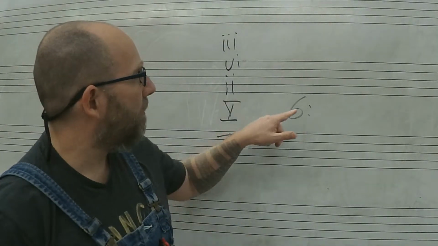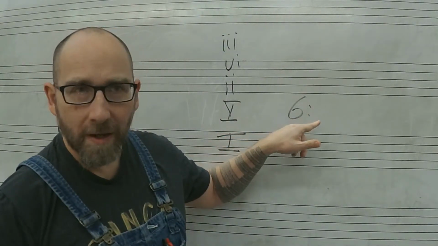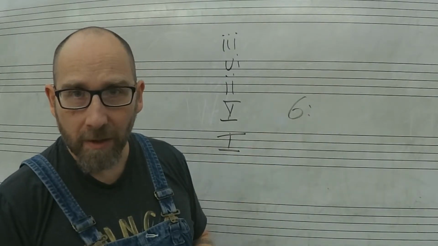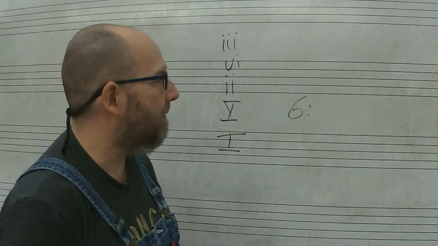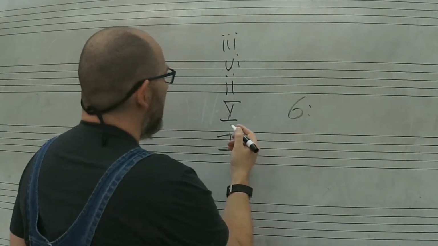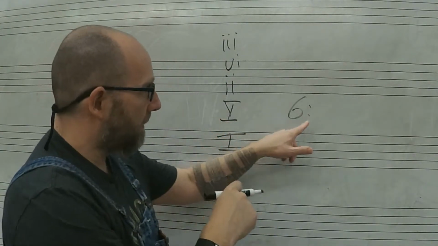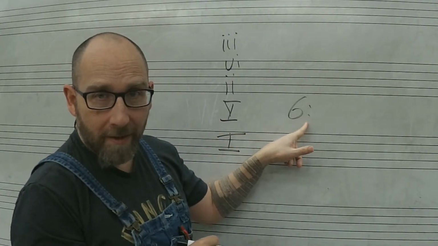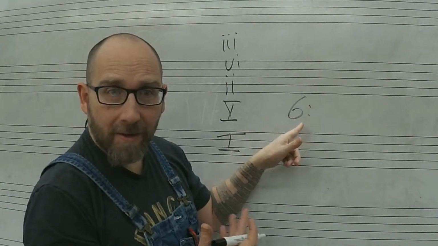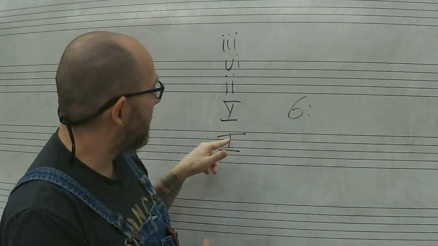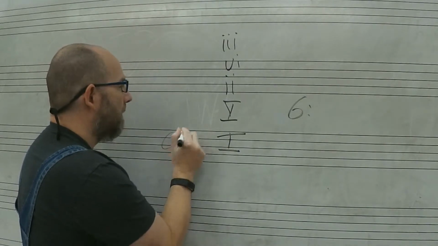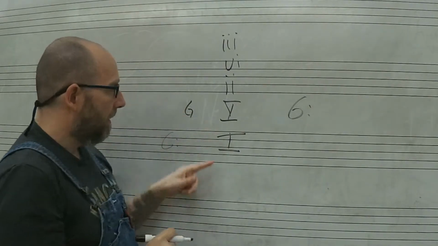But if we want to use a secondary dominant, the most common one that we're going to use is called 5 of 5. So what we're going to do is pretend that we are in the key of 5, or in the dominant key. In this case, in C major, this is going to be a G chord.